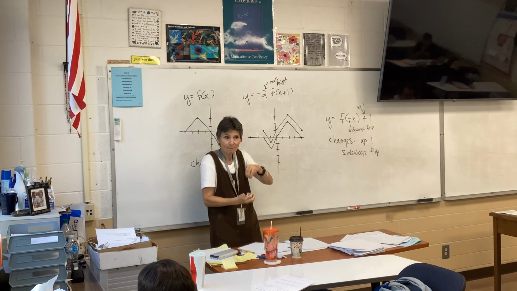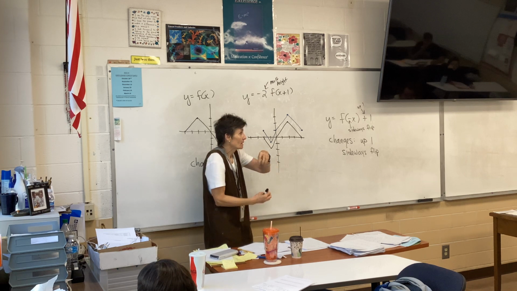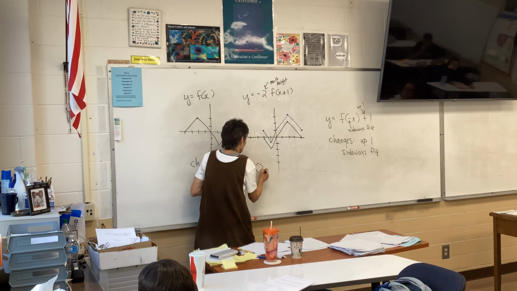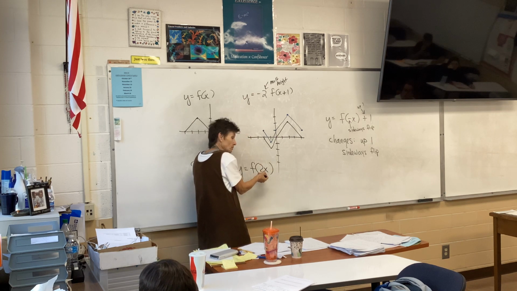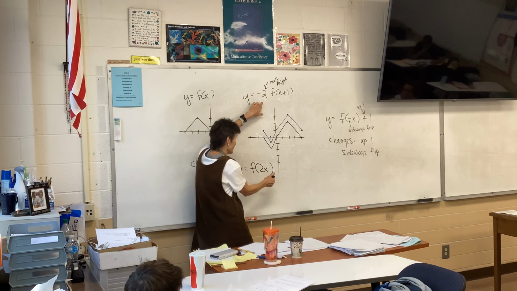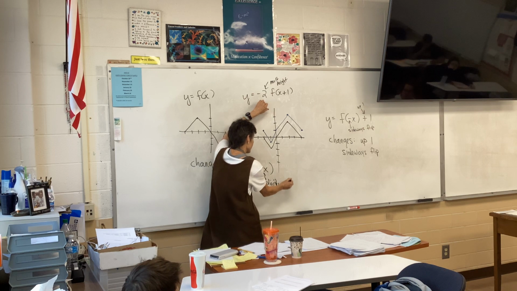We're not picking it up and moving it, we're just stretching it and making it taller. If the number is a multiplication, but it's inside, see the difference? This number divides the width.